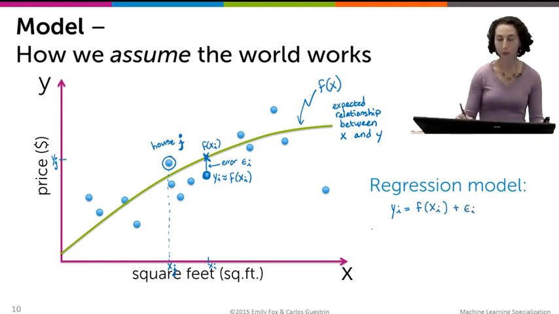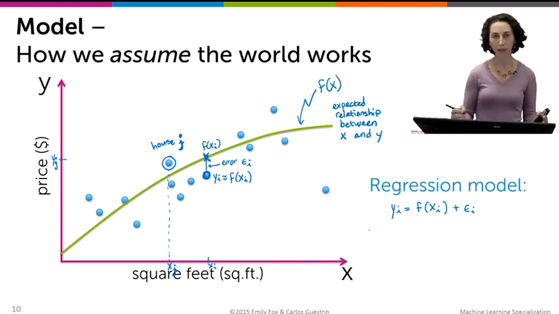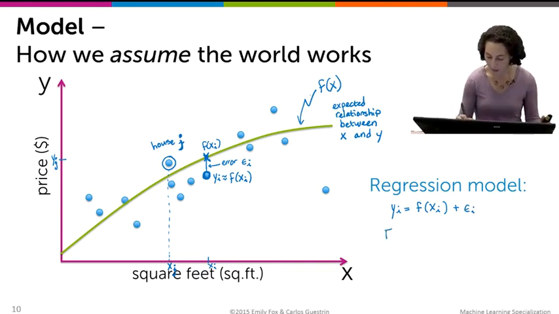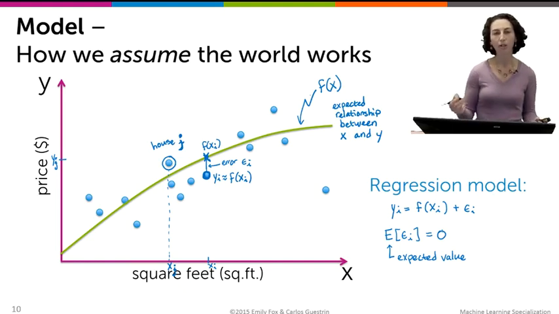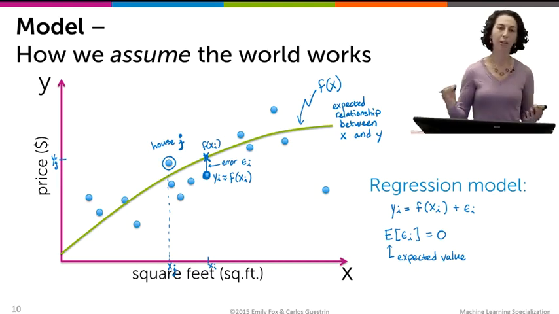And in particular, we're treating this error as a random quantity, and we're going to assume that the expected value of this error, so this notation is the expected value, is equal to 0. And what is expected value? Well, it's just a weighted average over all possible values that error can take, weighted by how likely the error is to take each of those values.